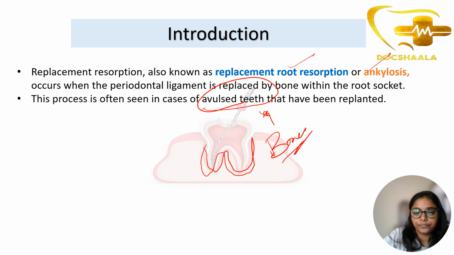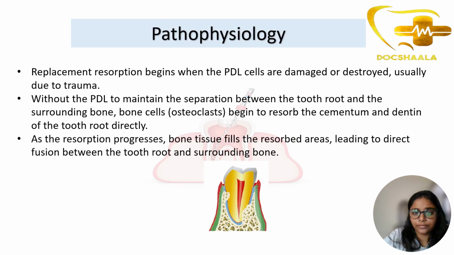Next, what is the pathophysiology behind this? How is bone replacing the periodontal ligament? When avulsion happens, that is when the tooth gets out of its socket, the PDL cells are damaged or destroyed.